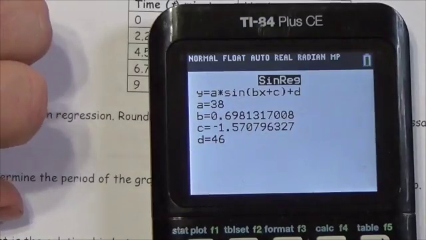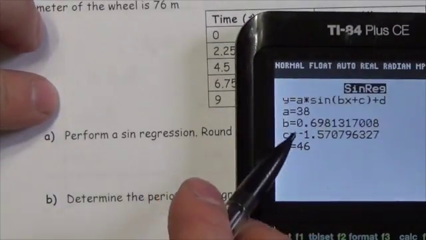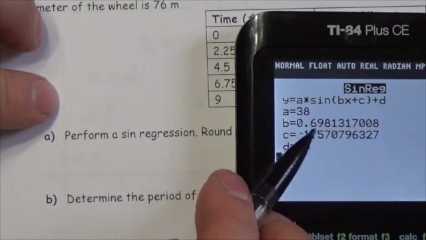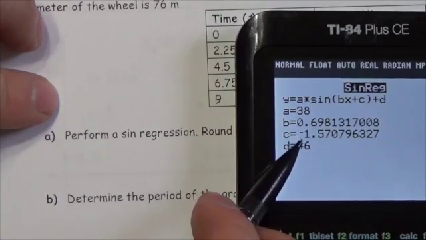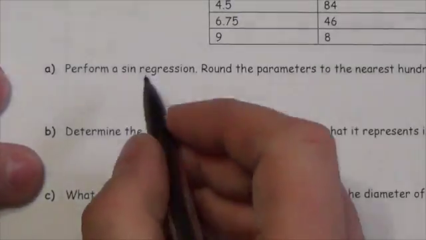And there we go. So now the parameters are going to be 38. Okay, well if I round that to the nearest hundredth, 0.70. Negative 1.57, and then 46. So here we go.